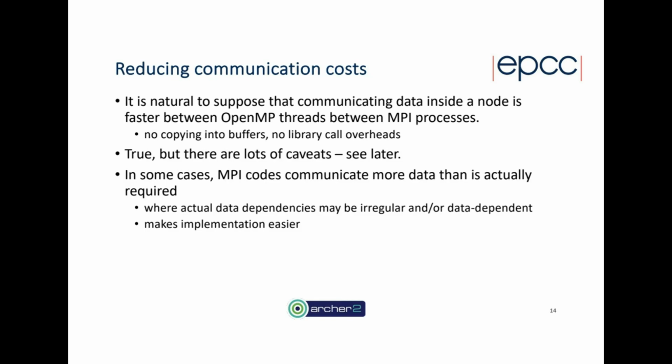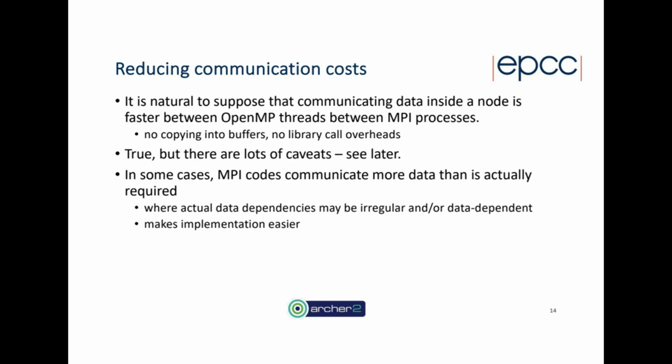And then the final one is reducing communication costs. So again, we have to temper our expectations a bit here, because it's very natural to suppose that communicating data inside a node is going to be faster between OpenMP threads than it is between MPI processes inside the same node, because we don't need to do any copying into buffers.